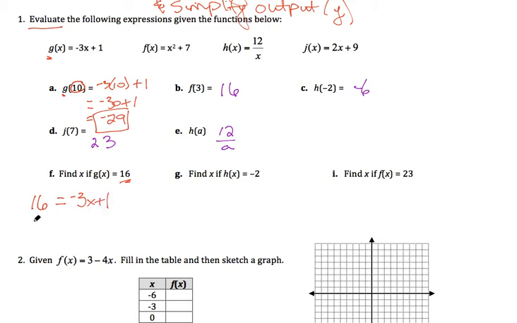Subtract 1 from both sides. Divide by negative 3. So x is equal to negative 5. Okay, so you're going to pause the video and solve for the next two.